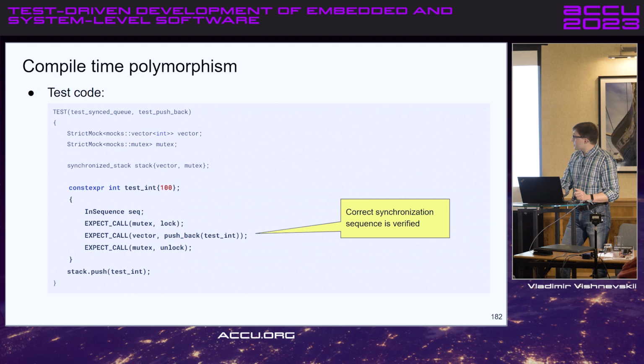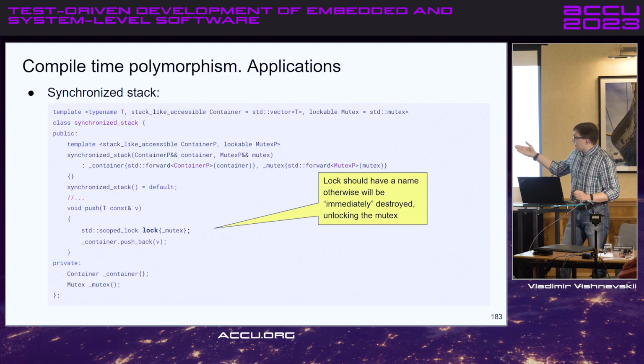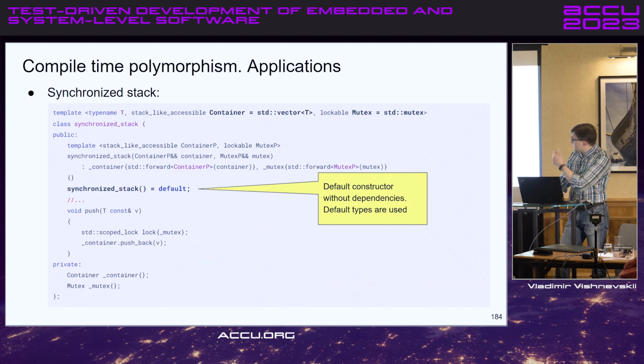And here is the verification. For example, we can detect the problem if we forget to name this variable and create a temporary that will not outlive this line, and that will keep our container unprotected. This will be detected because the lock and unlock will happen before the push back.